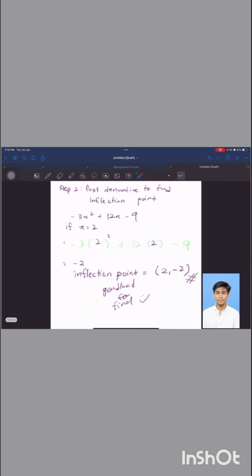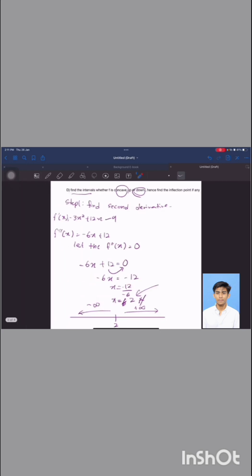So then step 2 is first find the inflection point. So my bad, sorry. You need to do the table, whether it's concave up or concave down. You do the table like I said before, with the intervals.